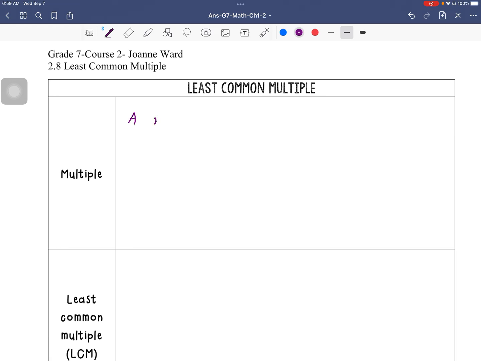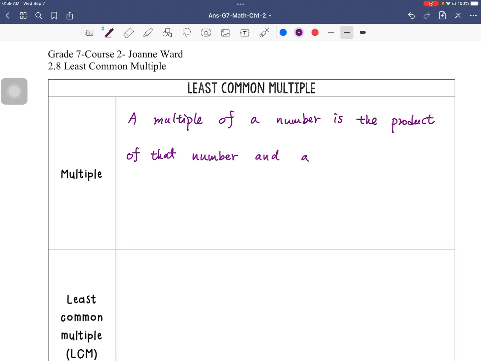So a multiple of a number is the product of that number and a non-zero whole number.